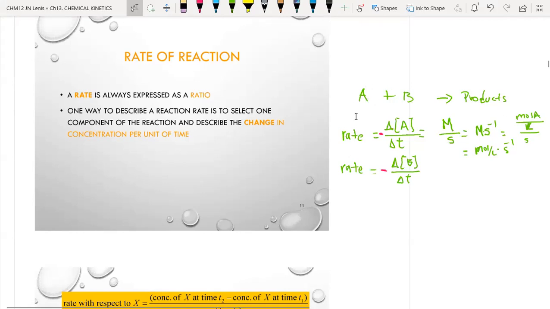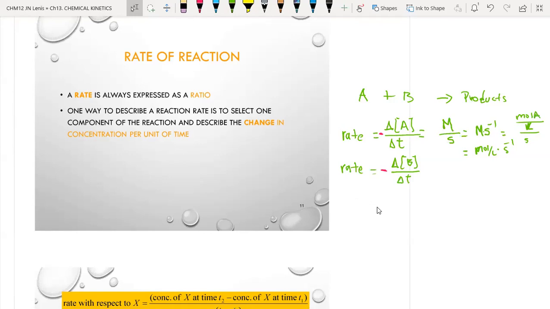Another thing, by convention, we express the rate using positive numbers, even though the rate is negative because this concentration is going down. So by convention, we don't express the negative. You convert this into positive, so you use the absolute number. So you will see the rates as positive numbers.